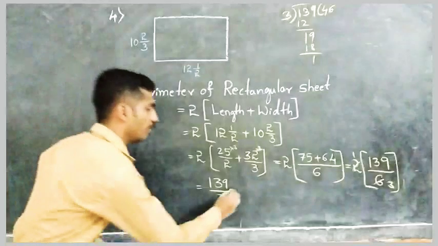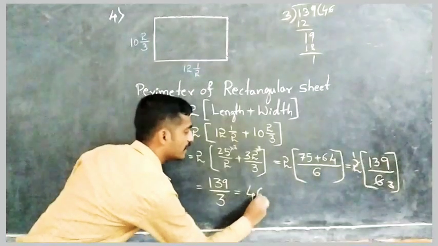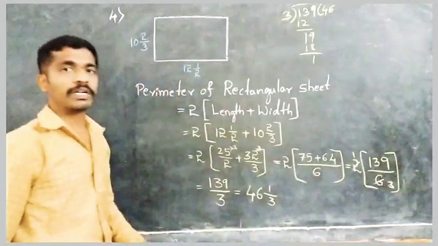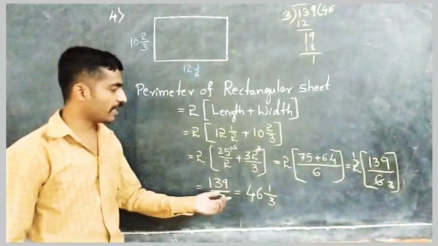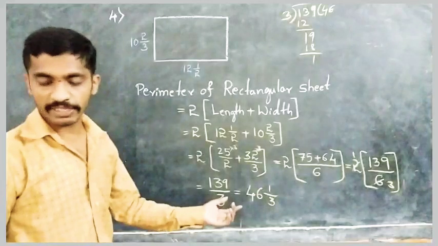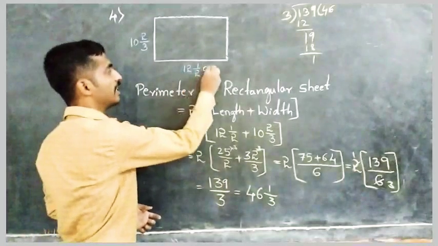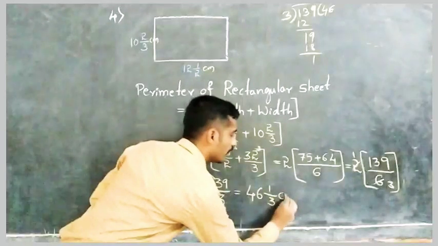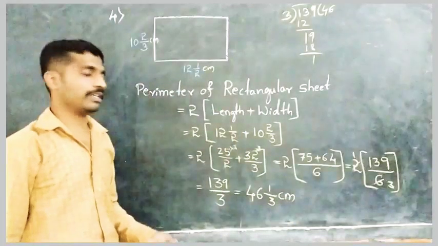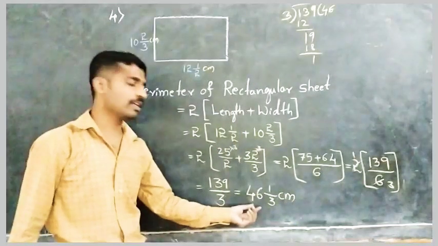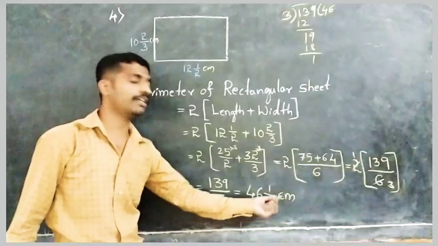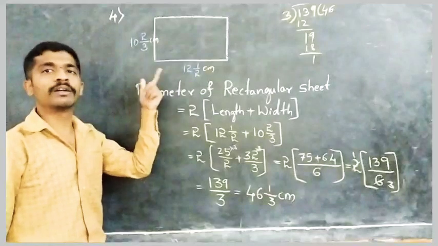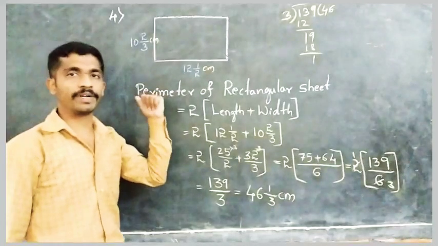So our answer will be 46 integer 1 by 3. Here I skipped the units. What is the unit? Centimeter. They gave it in centimeter, so don't forget to write the unit. So 46 integer 1 by 3 centimeter is the perimeter of the given rectangular sheet of paper.